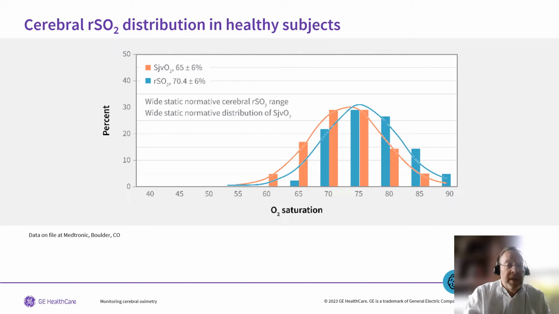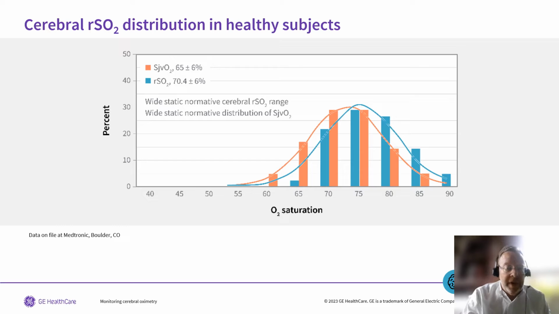So then on this slide, if you take the information obtained from those healthy subjects, you can see that jugular venous saturation and regional saturation both have very wide static normative ranges, which supports the idea that each variable is reflecting a very similar physiologic variable, which is an indication of cerebral oxygen balance.